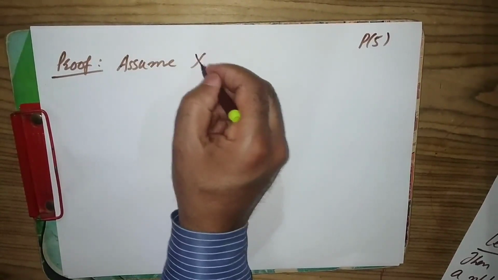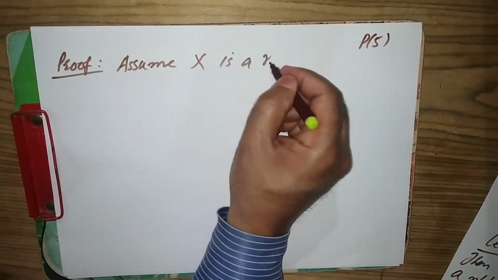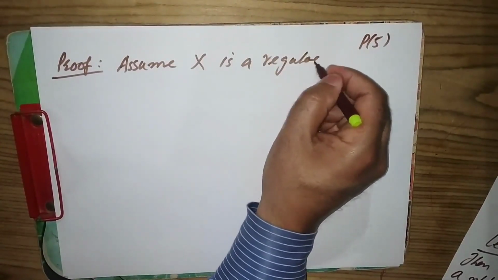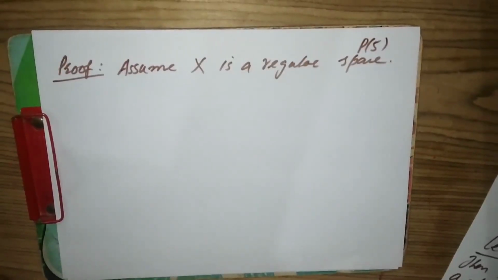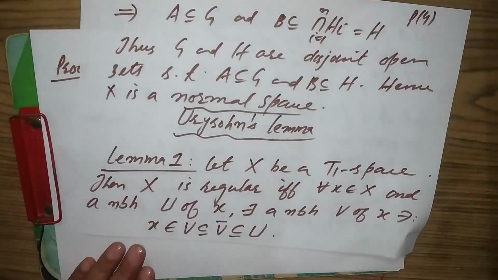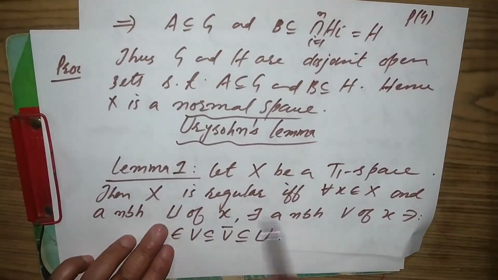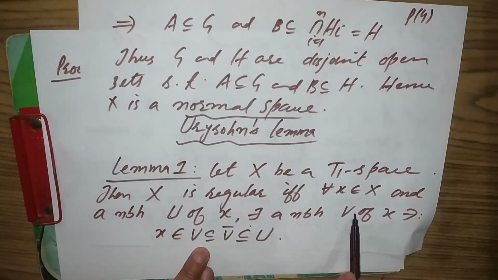Assume X is a regular space. So we assume X is a regular space, and we will show that for any neighborhood U of x, there exists a neighborhood V of x satisfying this property.